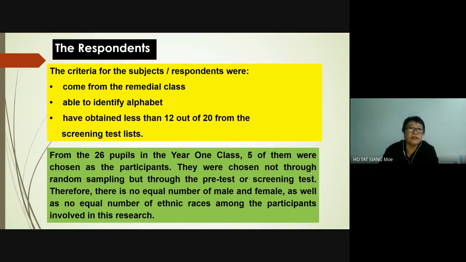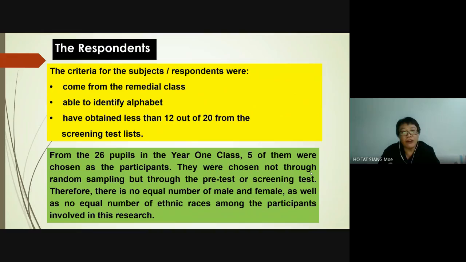Now, the respondents. Who are my respondents? How did I choose them? The criteria for choosing the respondents or the subjects. First, they must come from the remedial class or remedial group. They are able to identify the alphabet. That means they know from A to Z already.